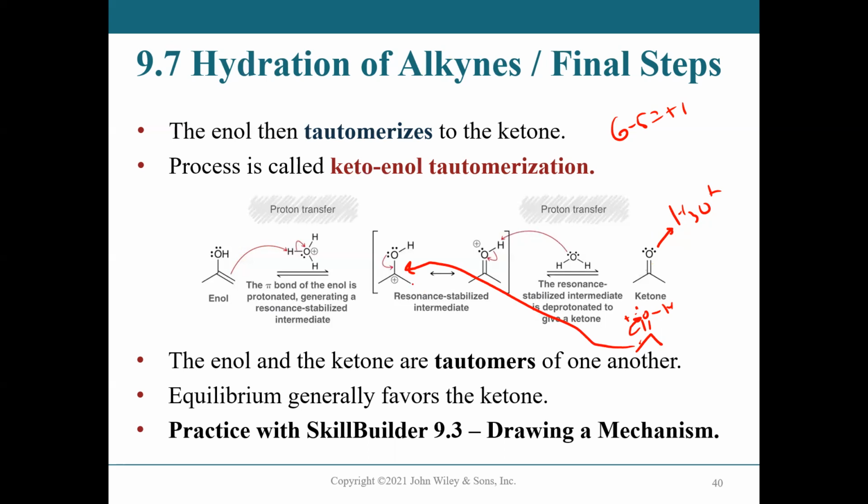Now, once we are here, think about this. We have an elimination then. Well, we don't have elimination. Sorry about that. Shouldn't call it elimination. We have some type of base that can come in here, take this proton, and move this right here. And that's how you get to the enol form.